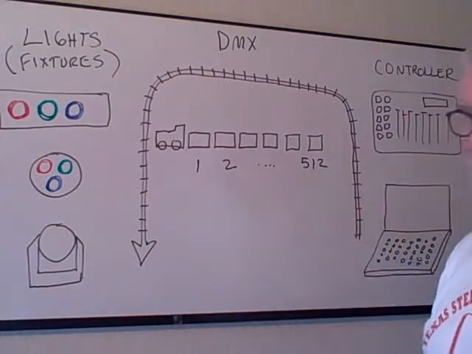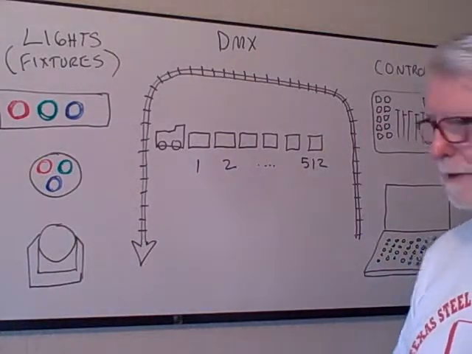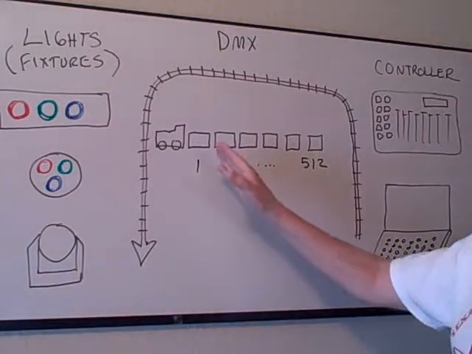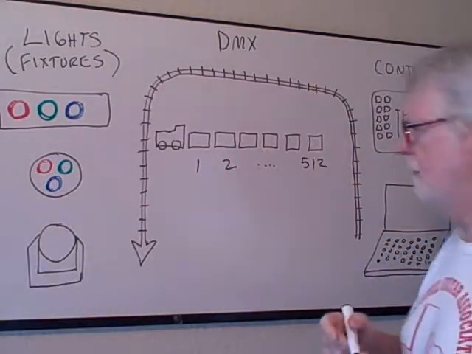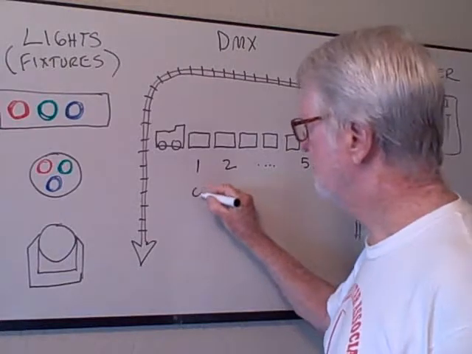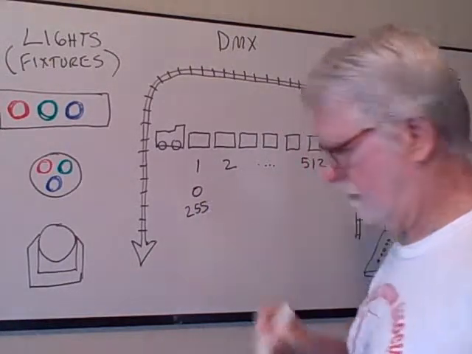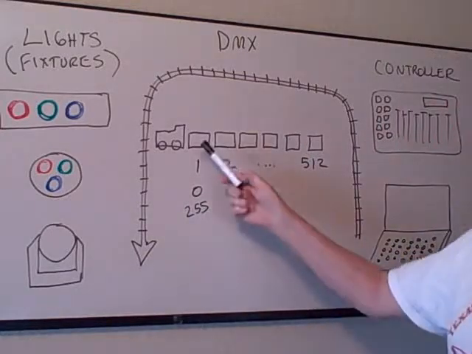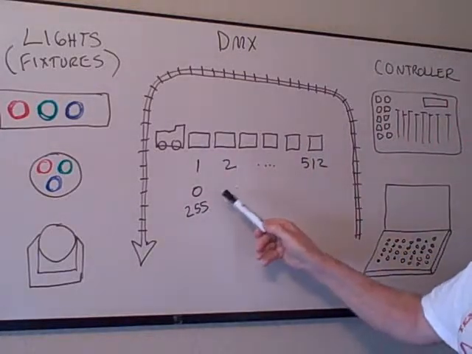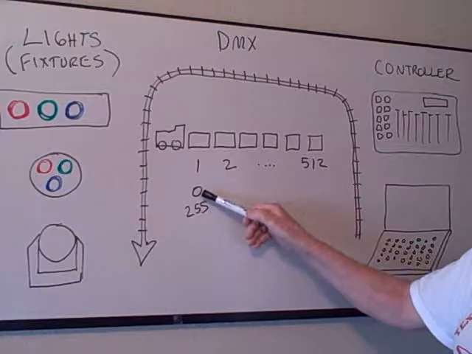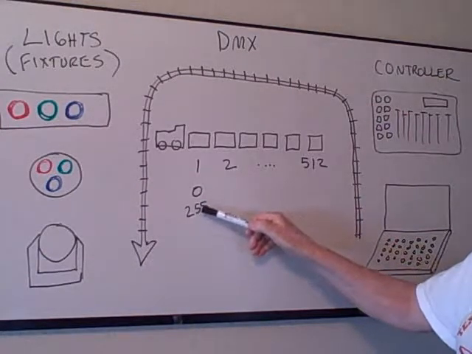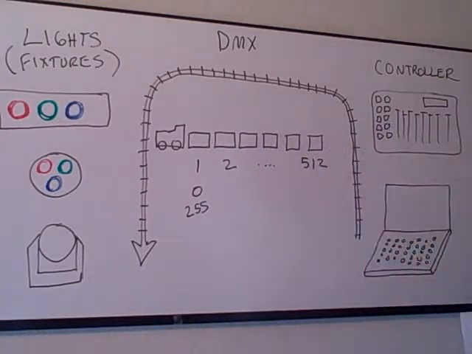Inside this train car, we can put values. And the value we can put in any train car is a number between 0 and 255. So in every train car, there is always a number. It's either 0 or some number between 0 and 255 in every one of these cars.